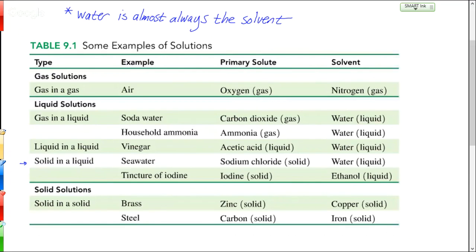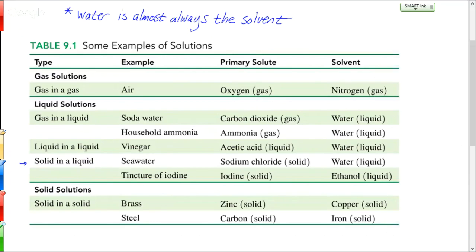So you can have, for instance, a gas dissolved in a gas, like air. Air is a solution. And we might describe the nitrogen as being the solvent because that's what most of air is, and the other gases being solutes. Oxygen would be one, carbon dioxide, water. The other types of gases in the air are the solutes. In liquid solutions, you can dissolve gases, liquids, and solids in liquids.